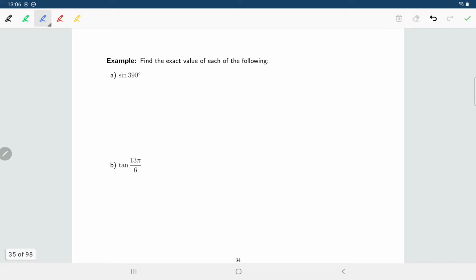So that means that if we're looking for some exact values here of our trig functions, we can find them if we're thinking about the fact that these angles, 390 degrees, or the other one, 13 pi over 6, are both coterminal to some nice angle that we've already seen before. So in the case of 390 degrees, we know that 360 degrees would be a full revolution.